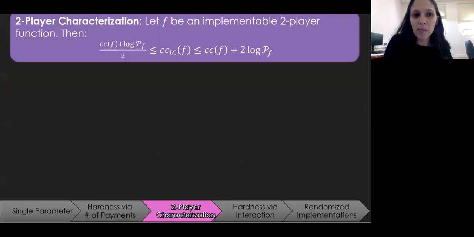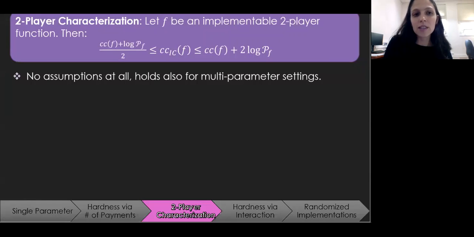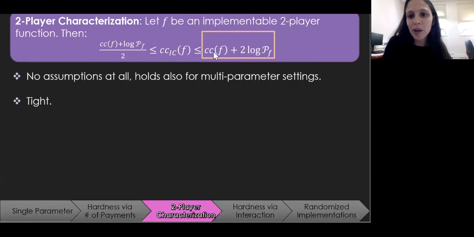Let's make some remarks about it. First of all, it has no assumptions at all. It holds also for multi-parameter settings. It holds for every possible function you could think of. Also, it is tight in the sense that you cannot remove any of those terms without getting a large gap between the communication complexity of implementing F and the remaining one.